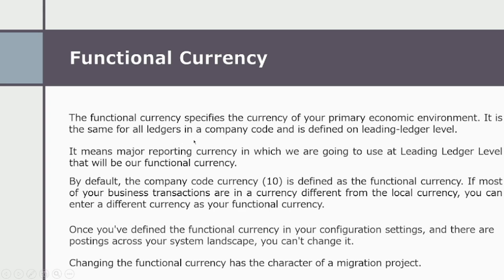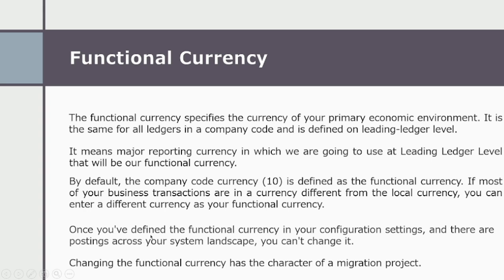It is the same for all ledgers in a company code and is defined on the leading ledger level. It means the major reporting currency which we are going to use at the leading ledger level will be our functional currency. By default, the company code currency is defined as the functional currency. If most of your business transactions are in a currency different from the local currency, you can enter a different currency as your functional currency.